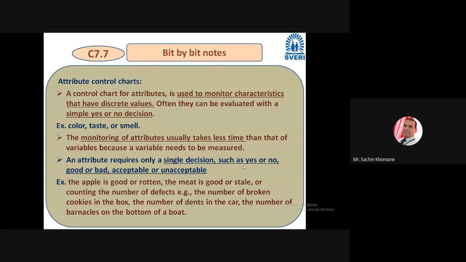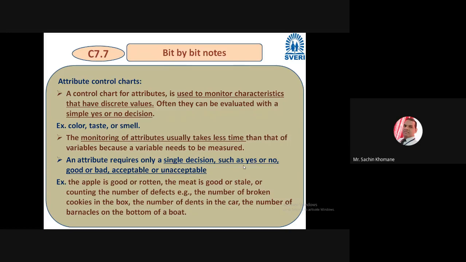So a variable control chart is used when things can be measured. But for example, color, taste, or smell, can you calculate? You will say whether the taste is good or bad, yes or no. Smell is coming, yes or no. Color is visible or not, right?